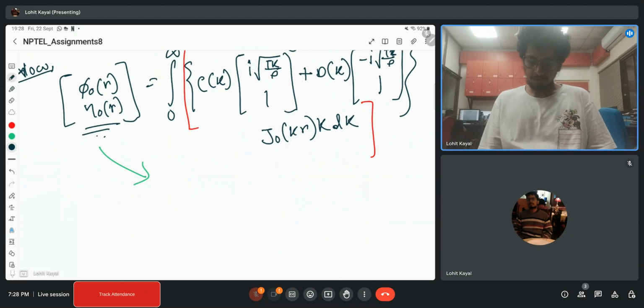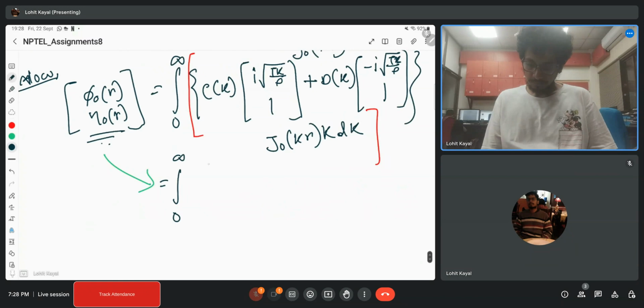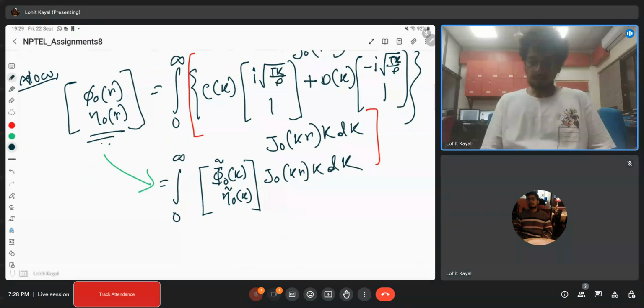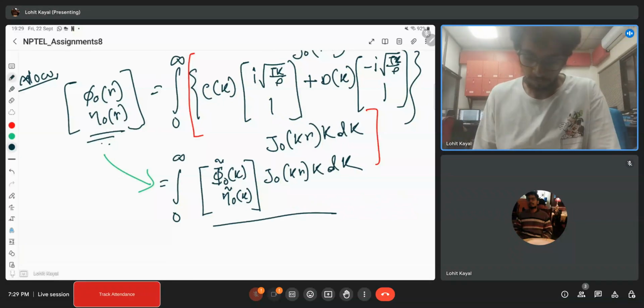We can write it as the integral from 0 to infinity of phi 0 tilde k, eta 0 tilde k, J0(kr) k dk. Okay, so I can write this in the inverse Hankel transformation form.